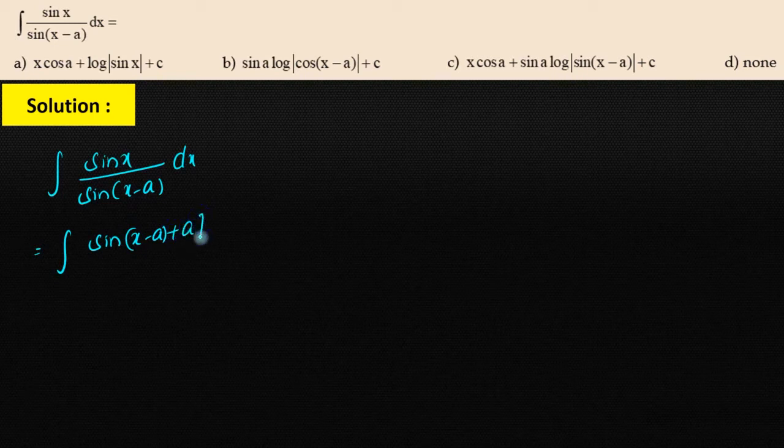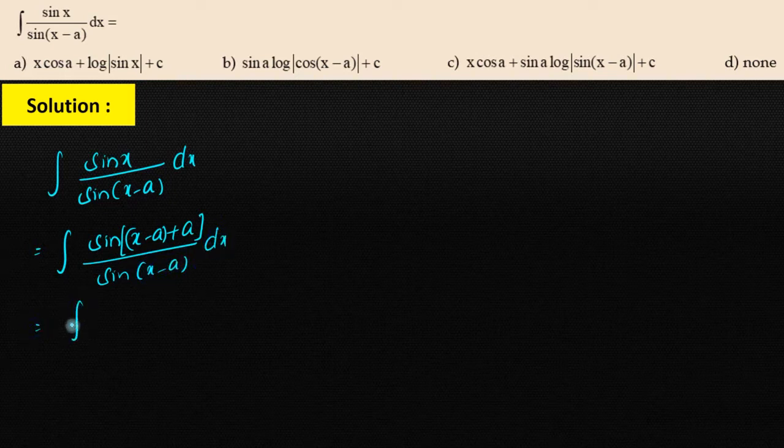Integral sin x divided by sin of (x minus a) dx is equals to integral sin, here adding and subtracting a, we get (x minus a plus a) divided by sin of (x minus a) dx.